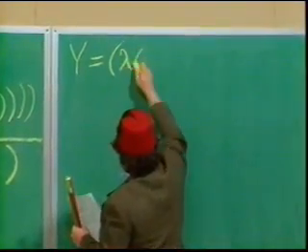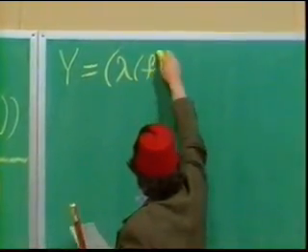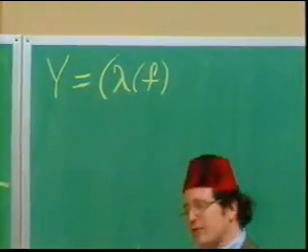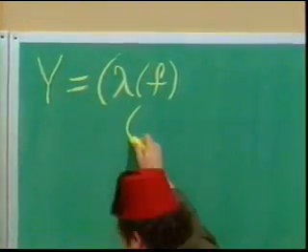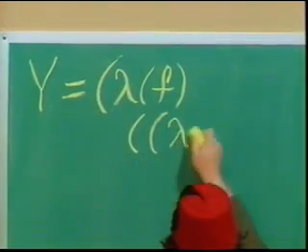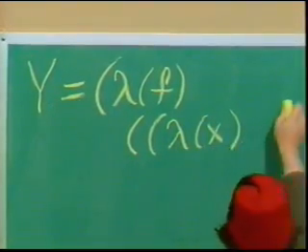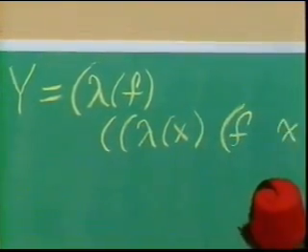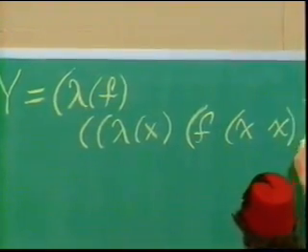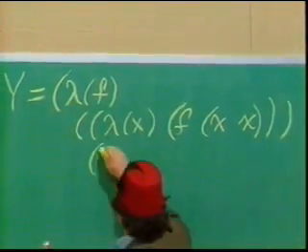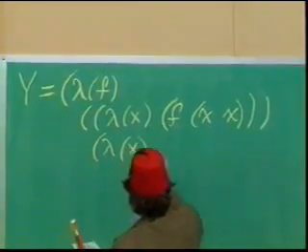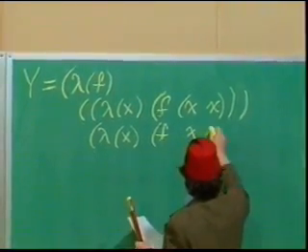And if I have a procedure of one argument f, well, what's it going to have in it? It's going to have a kind of infinite loop in it, which is that procedure of one argument x, which applies f to x of x, applied to that procedure of one argument x, which applies f to x of x.